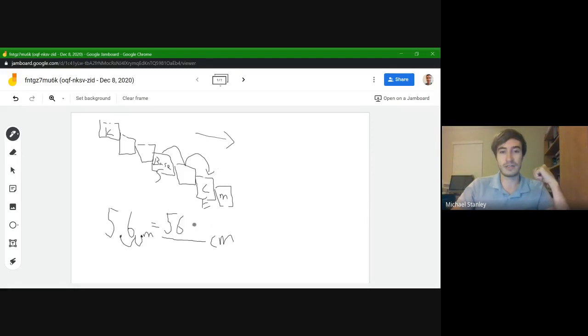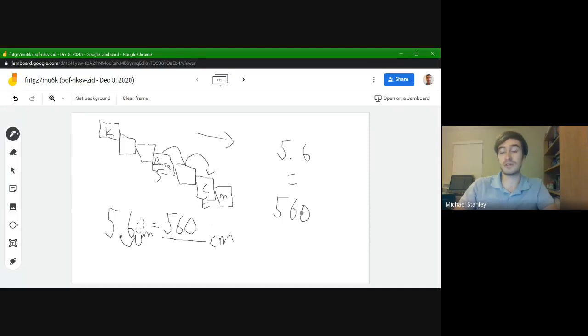That is correct. Remember, when we moved it that second time, we don't have a number there already, so we fill in that blank space with a 0. So 5.6 meters is equal to 560 centimeters.